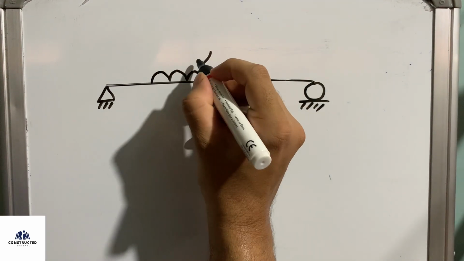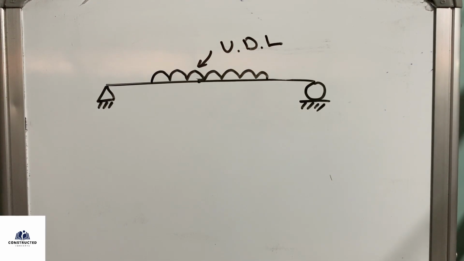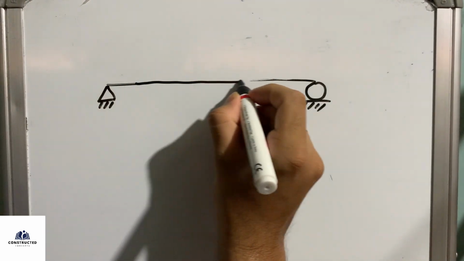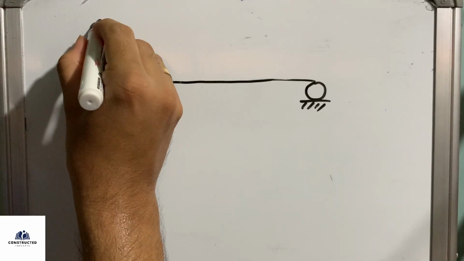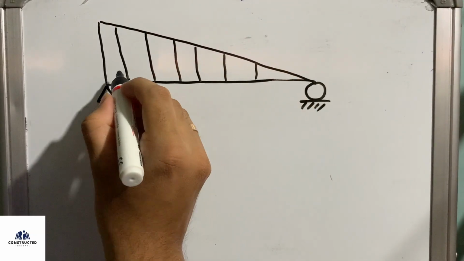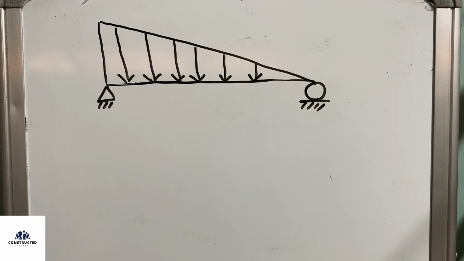And this one is UDL, uniformly distributed load, where the load is distributed throughout the section or where the marking is done. Now this one is UVL, uniformly varying load, which is varying with the length.